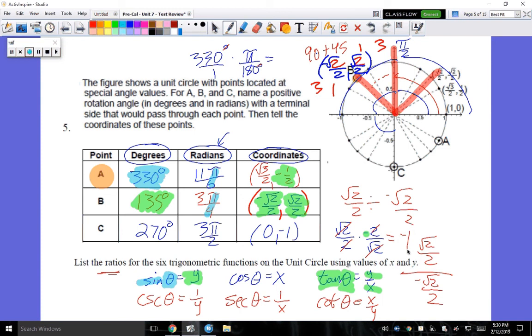Quick shortcut, and then this video is done. At the pi over 4s, if I looked at either this 135 degrees or this one way over here, which is at, let's see, 45 plus 270, which is 315 degrees, my equation of the line is y equals negative x. And y equals mx plus b tells me that my slope, either here or here, would be a negative 1, which makes sense.